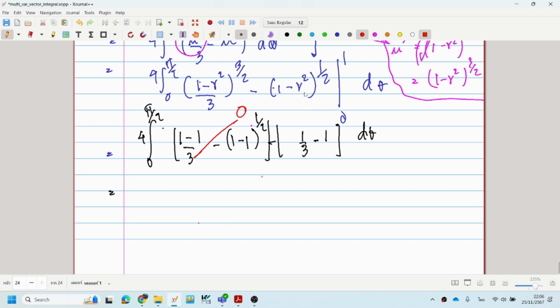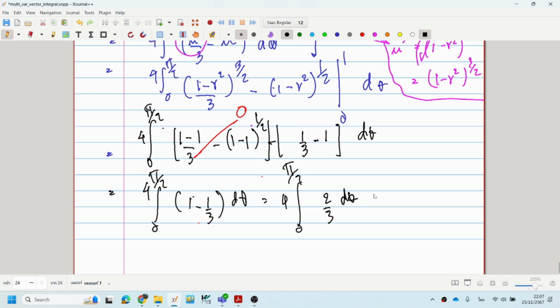The second term, I move to a new line: the integral from 0 to pi over 2 of 1 minus 1 over 3 d theta, right? Okay, 4 pi over 2, this is 2 over 3 d theta.